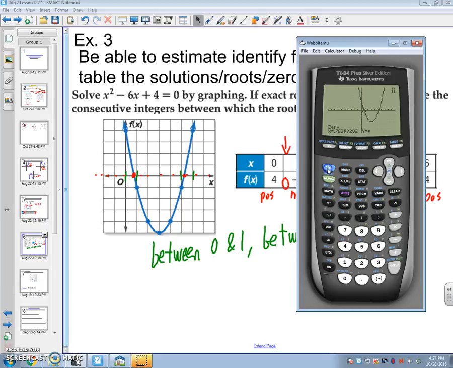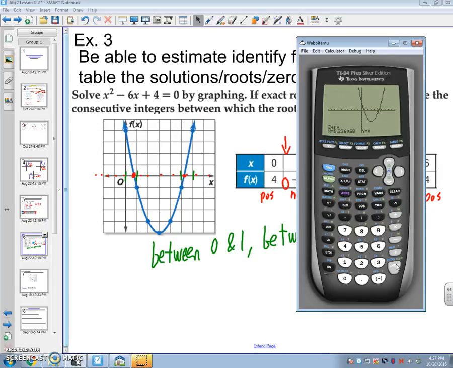For the other one, second trace again. Go to zero. Left of the other x-intercept. So go left of it, go nearby, but don't go on it. So right here is left of it. Now go right of it. Press enter. Between those two arrows is my x-intercept. So guess. It says there's a point 5.23, comma 0.